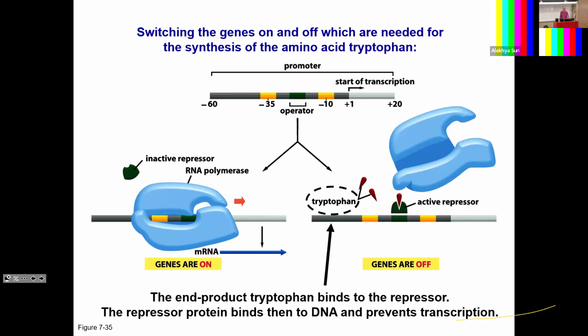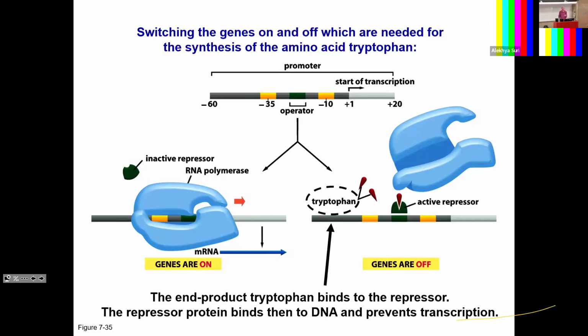For example, with tryptophan synthesis, if tryptophan is low, RNA polymerase will move along the TRP gene, and if tryptophan is present in plenty amounts, it will bind to a repressor molecule that will remove the RNA polymerase.